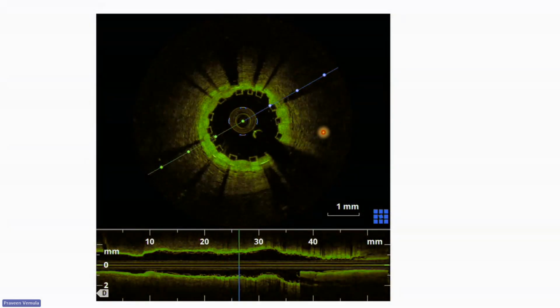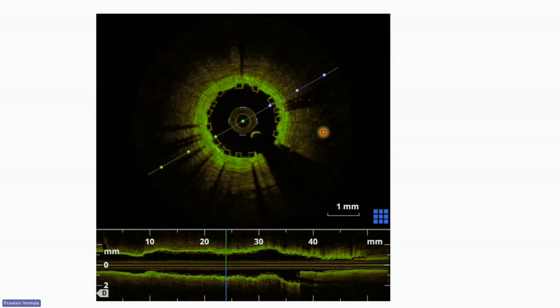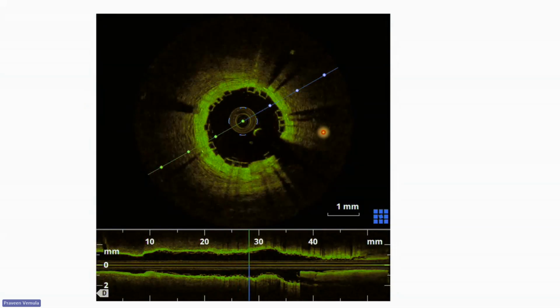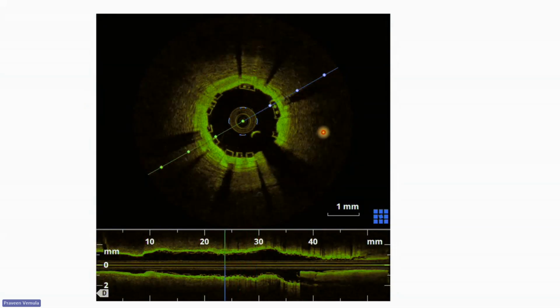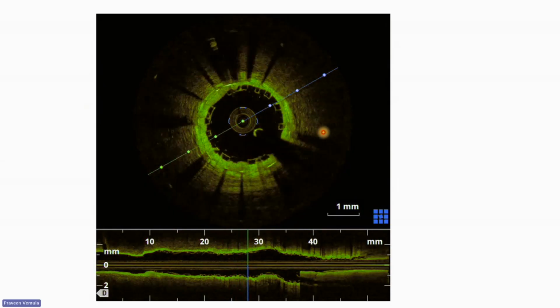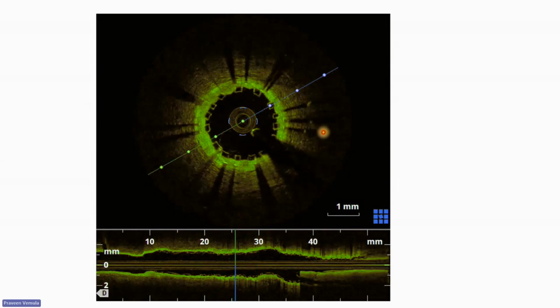Students, optical coherence tomography. Okay. OCT or not? I'm not feeling... no problem. Yes, we go.